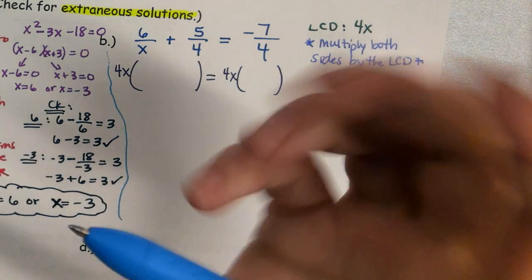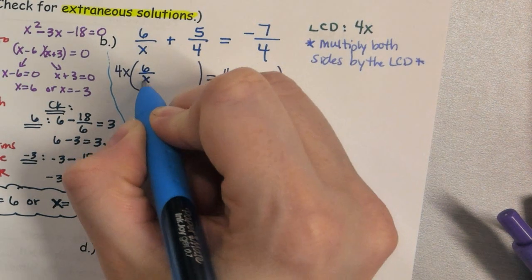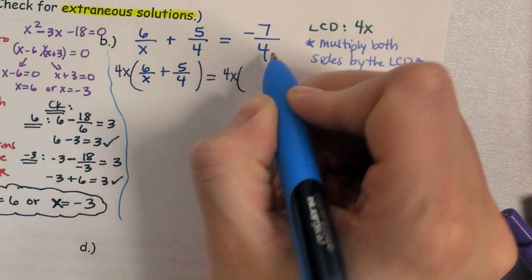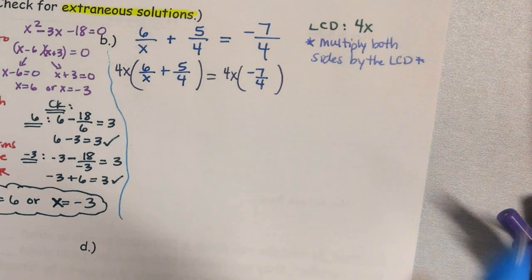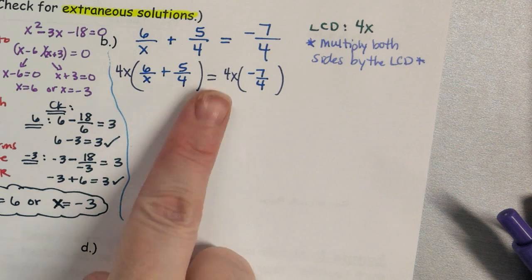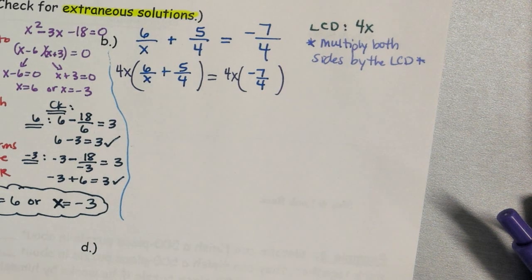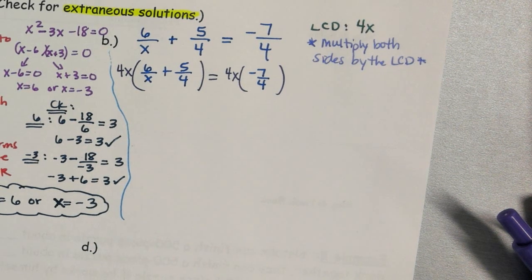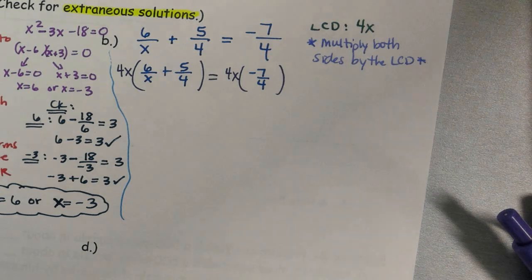So I'm going to keep this the exact same, 6 over x plus 5 over 4, and keep this the exact same, just to show you that I'm multiplying both sides by 4x. And the reason why you do that is because now you have some cancellations.